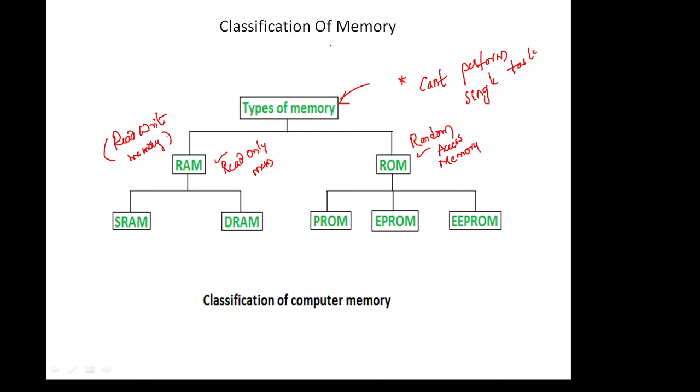There are many names for random access memory. We can call it a read write memory, or a main memory, or a primary memory. There are different names for this RAM.